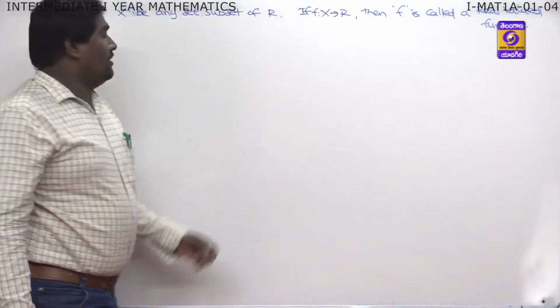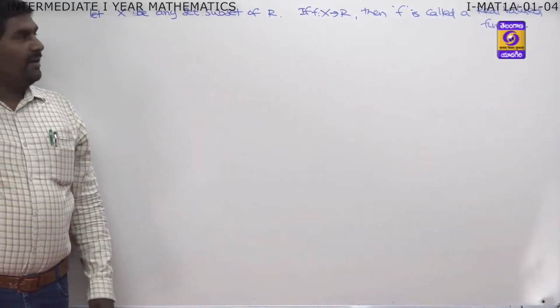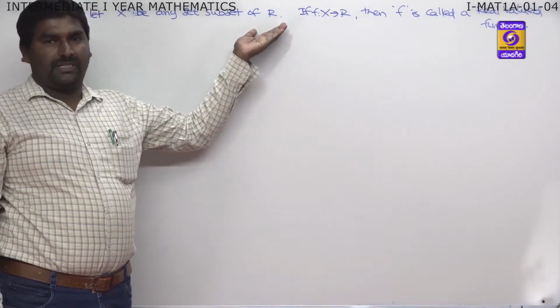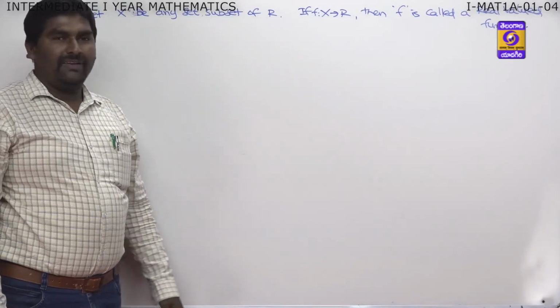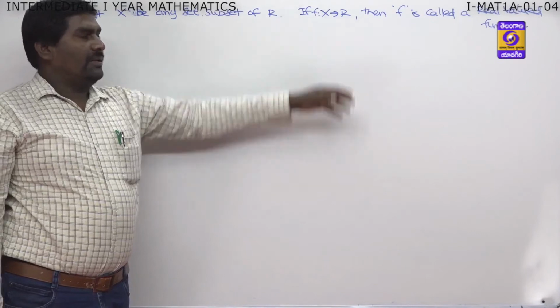I am repeating. Let x be any set which is subset of R. Here R is the real number set. If you define a function f such that it is from x to R, then f is called a real value function.